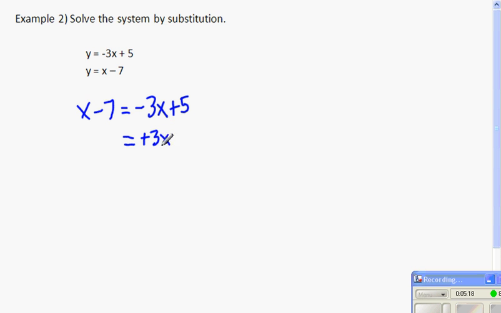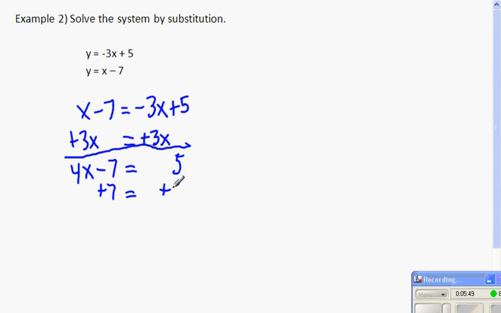You need to get your variable on one side of the equation. This is minus 3x, so I'm going to add 3x, and I will do that to both sides. Sorry, this is 4x minus 7 equals, here's where your variables will cancel out, giving us 5 left over on the right.